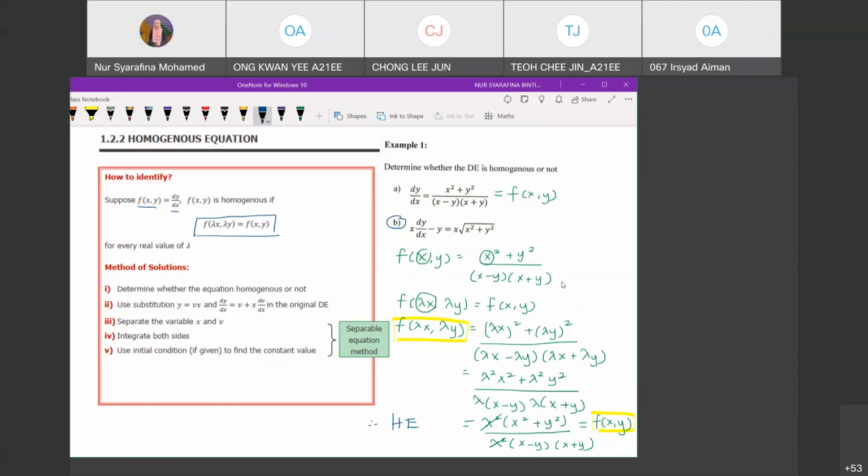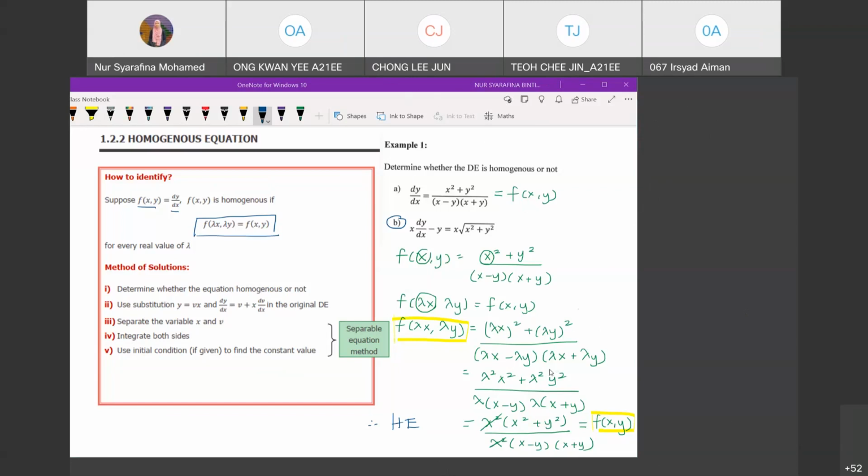Just substitute and simplify in order to reach f(x,y). Okay, so Theo got the answer already. It is non-homogeneous, right?